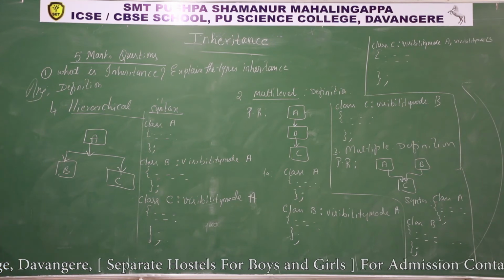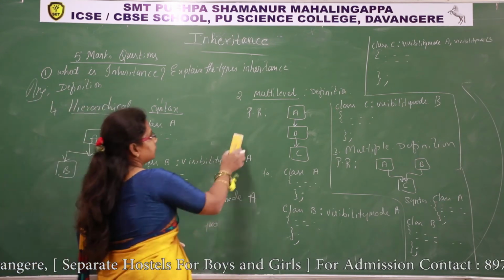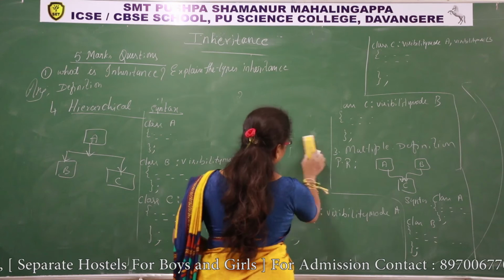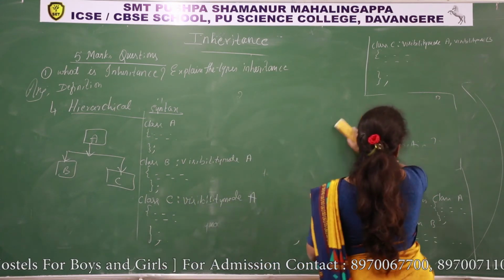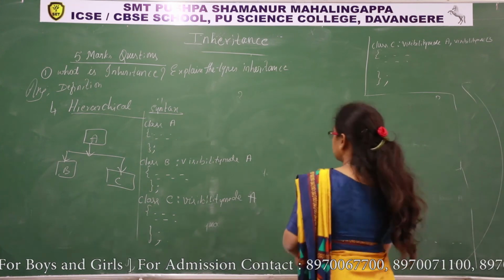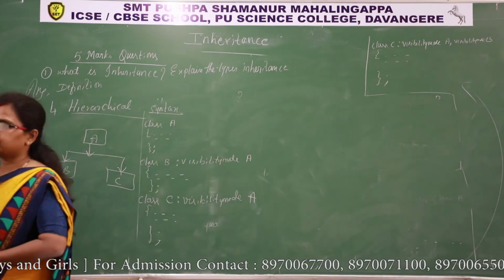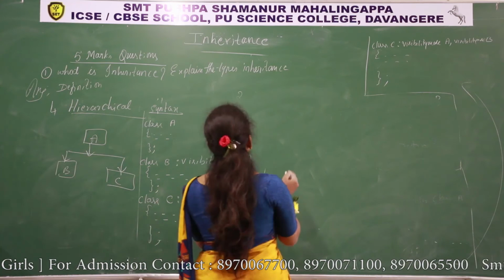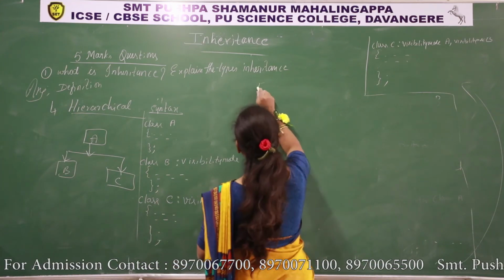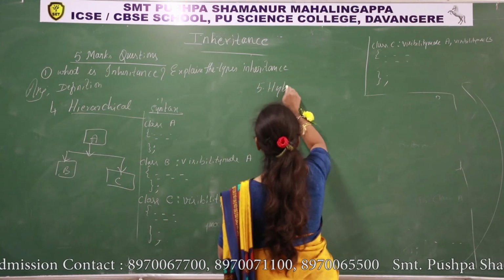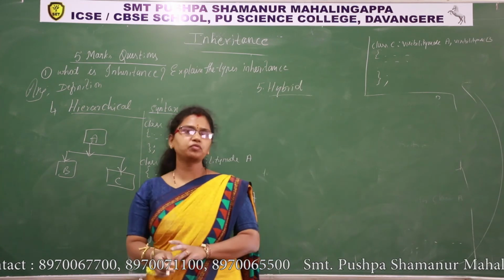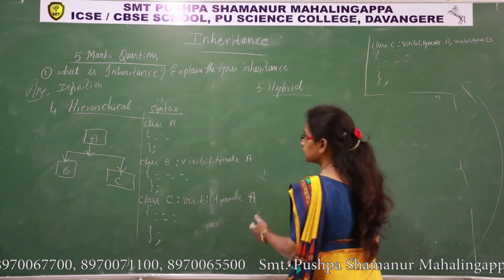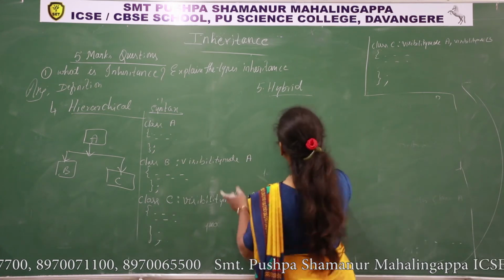Then hybrid inheritance. I told you there is no particular syntax for hybrid inheritance. We have to consider an example. What is the definition of hybrid inheritance? An inheritance which involves more than one type of inheritance is called hybrid inheritance.